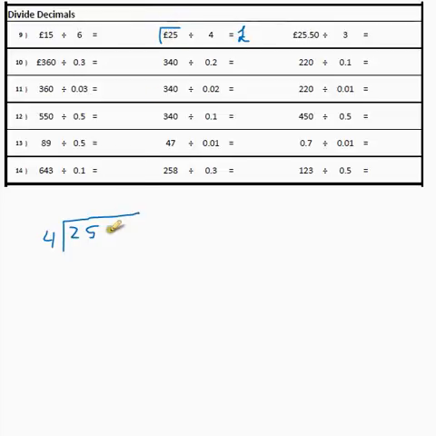Now you know that 25 can have a point, and well, if you like, as many zeros as you like you can put on there. It is still 25, isn't it? Okay, 4 goes in 25 how many times? It is 6, isn't it? We know that 6 times 4 is 24, so there is one remainder.